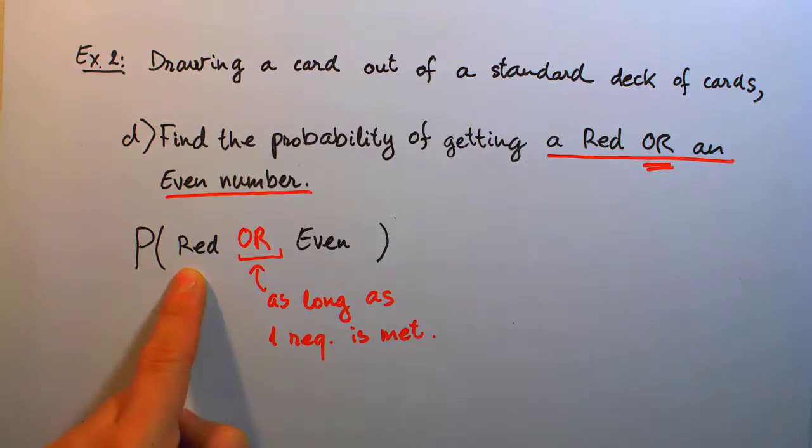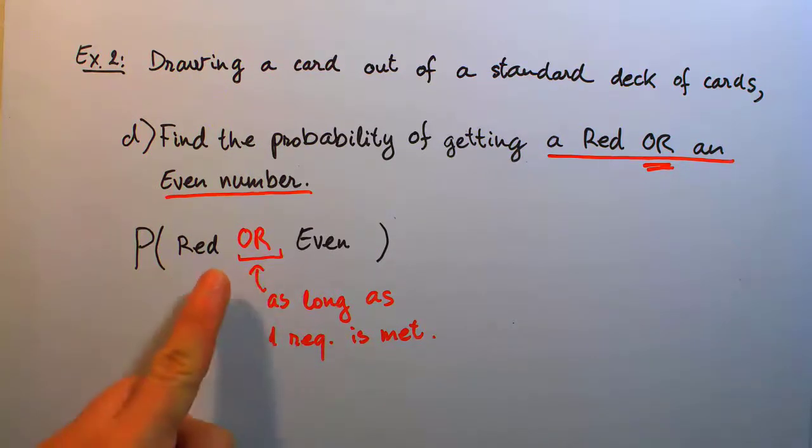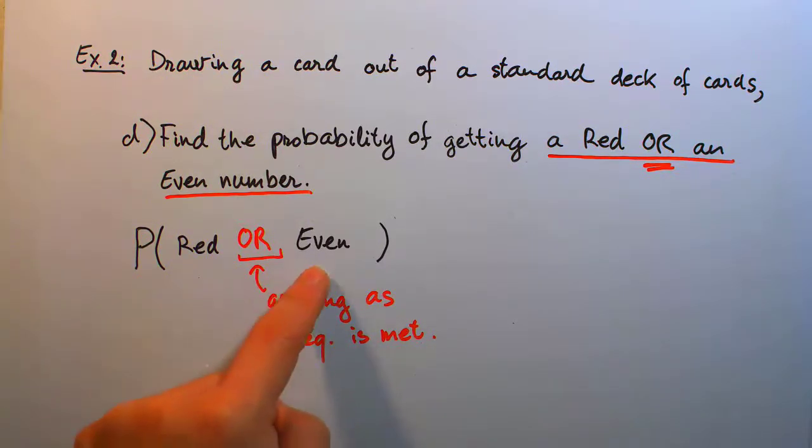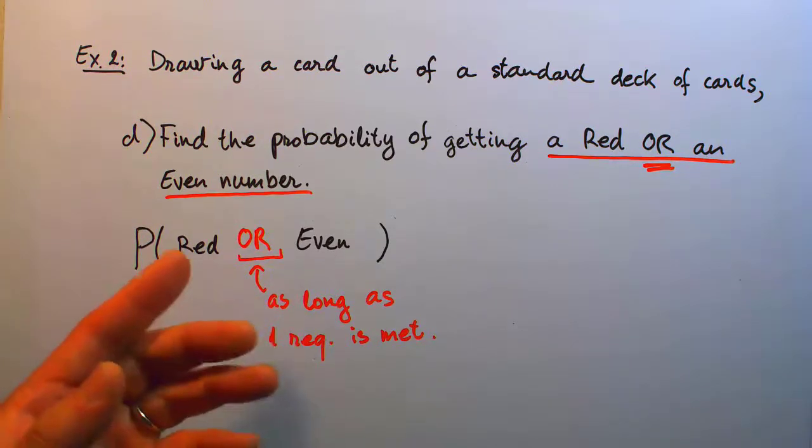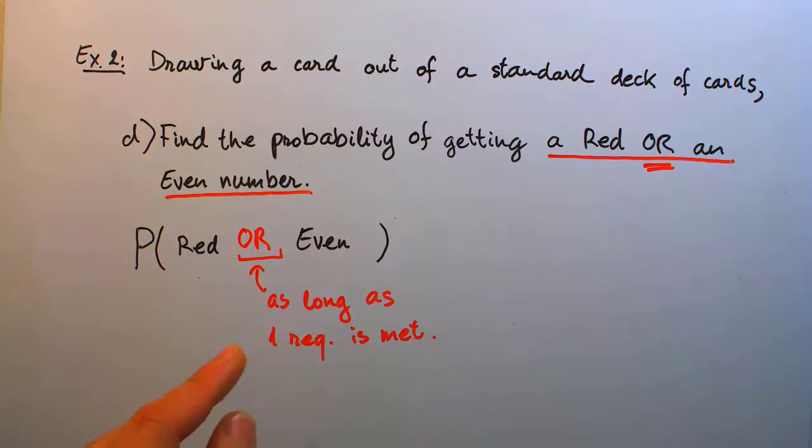So when I'm looking for red or even, as I search through my cards, as long as you see a red, we put it in our count. Or as long as we see an even, we put it in our count. More specifically, as long as you meet any of these events, being a red or an even number, you put it in our count. That also means there could be outcomes that meet both requirements. That works too, because as long as one requirement is met.